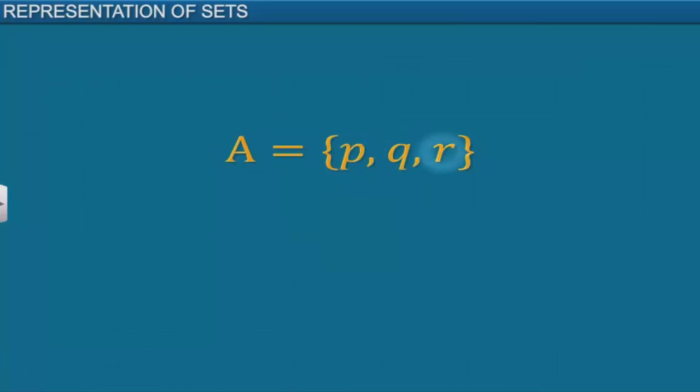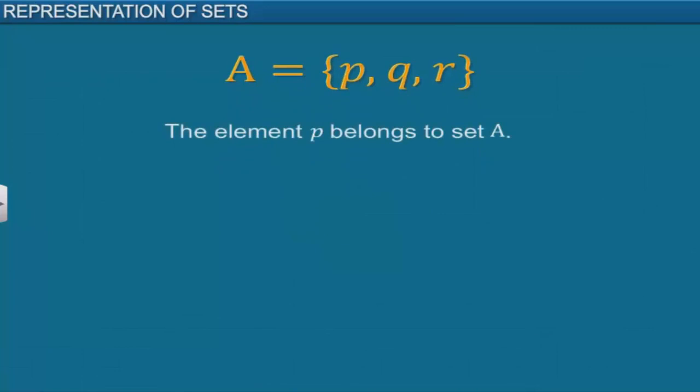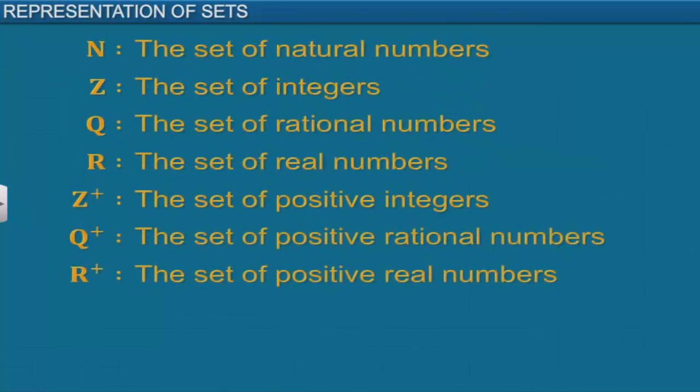The element P belongs to set A. We denote this with the following symbol. Any other element, say Z, which does not belong to set A, is denoted as shown. The following are some special sets that are commonly used in mathematics to represent various systems of numbers.